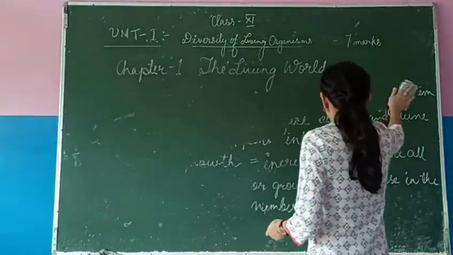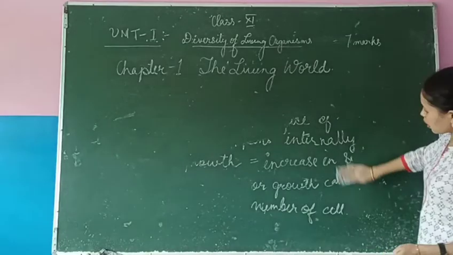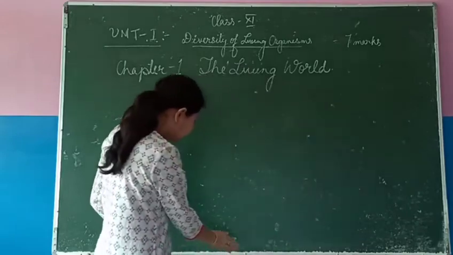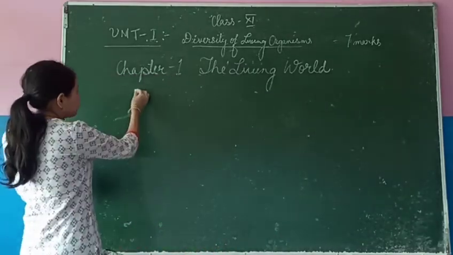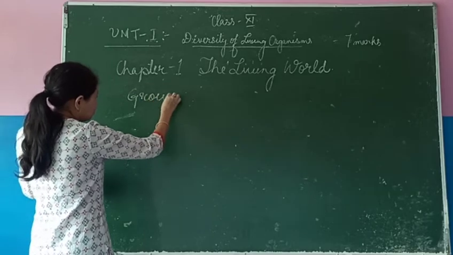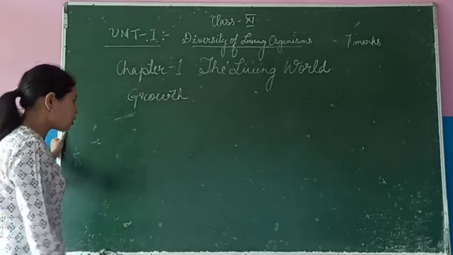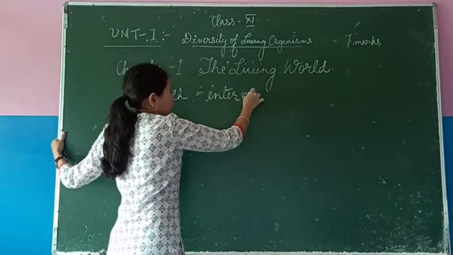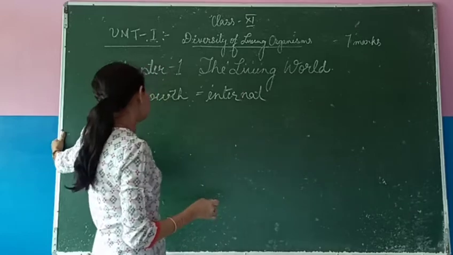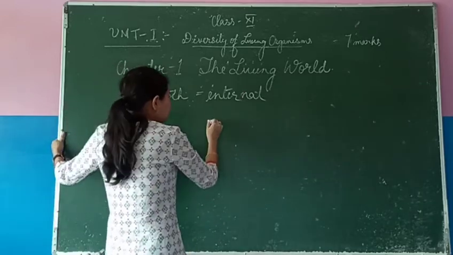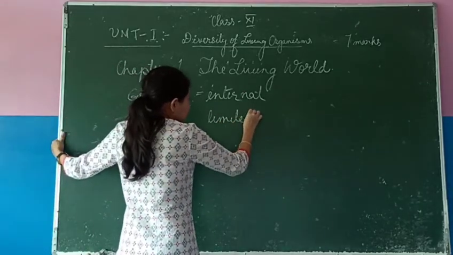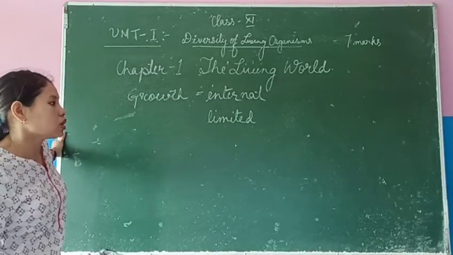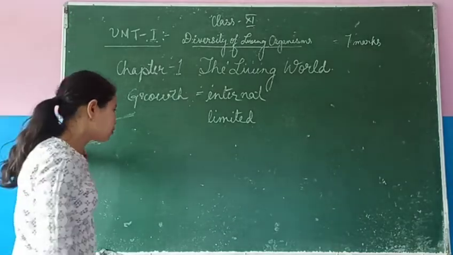And so what is the catch point when you talk about the characteristic of life? Well, the first point, growth in living organisms is internal. Number 2 point, growth is limited. Growth does not occur throughout our life, though in plants it can occur throughout life.